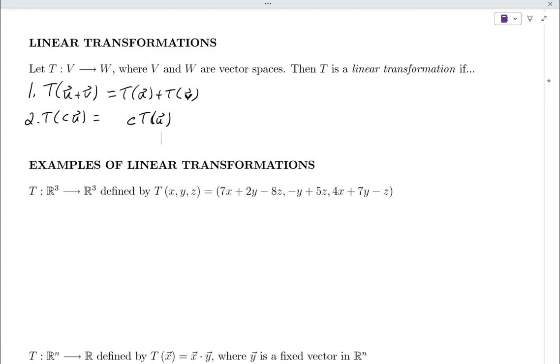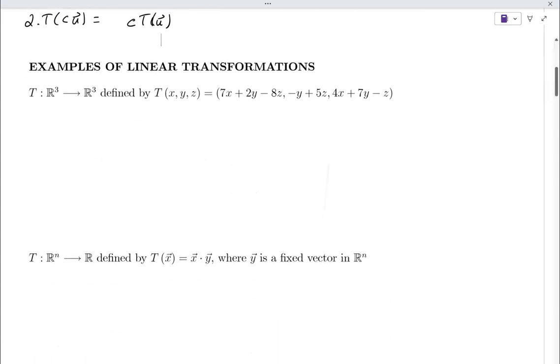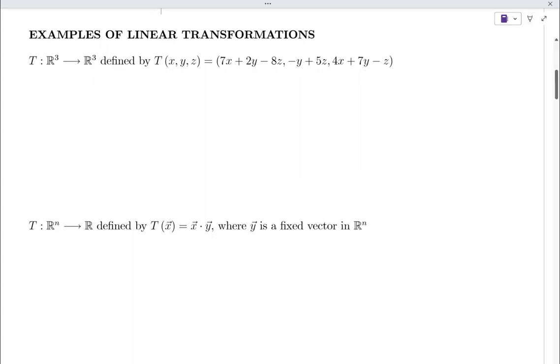So this next part here is just some examples of different things to show that they are linear transformations. If you want to show that something is a linear transformation, you need to show that it indeed will break up over a sum, or the constant will pull out. You need to show both of those properties. So this first one, we're taking a vector in R3, mapping it to another vector in R3 according to that transformation.